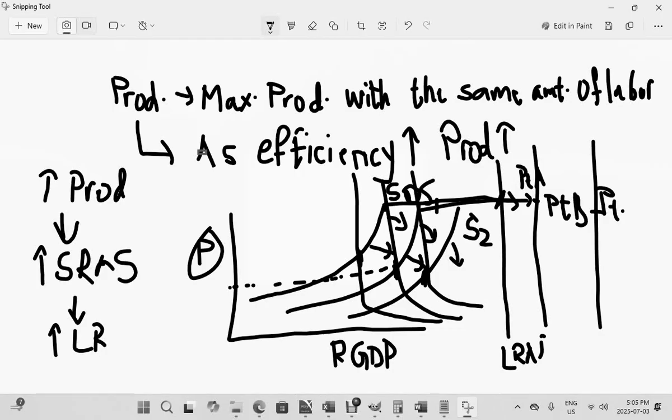And this has to do with your potential GDP, which basically means that the nation is able to produce more, and their capacity to produce more goes up, whether it has to do with consumer goods or otherwise. And as this happens, we also know that the price levels go down, because the short range average supply curve shifts to the right and the quantity goes up. So in the real world, it basically means that the supplier is able and willing to sell more at a lower price.